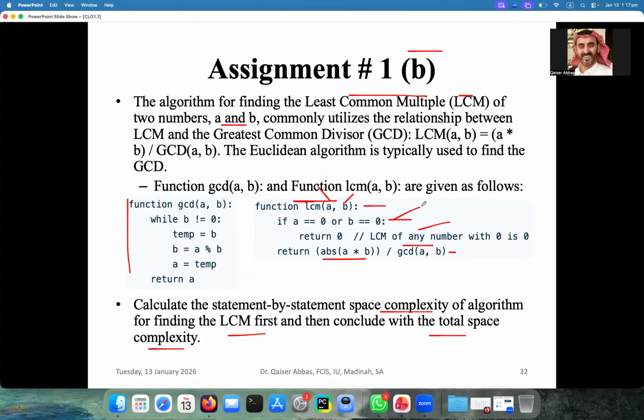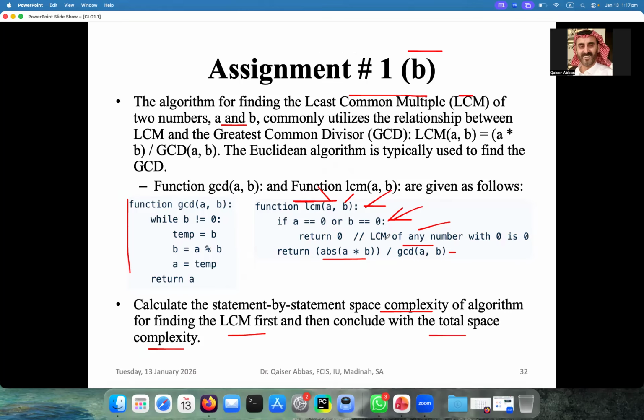This statement takes order of 1 space due to variables. Variables also take space, but they normally take a tiny, little memory, so that's why it is constant. So this is constant, this is constant, even the print statement's space complexity is constant.